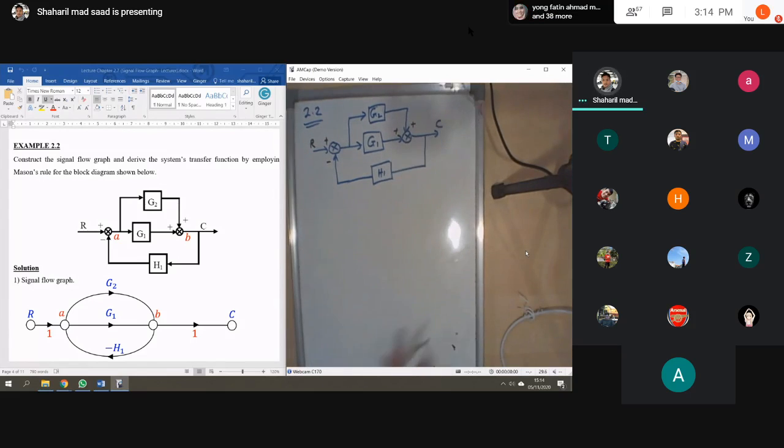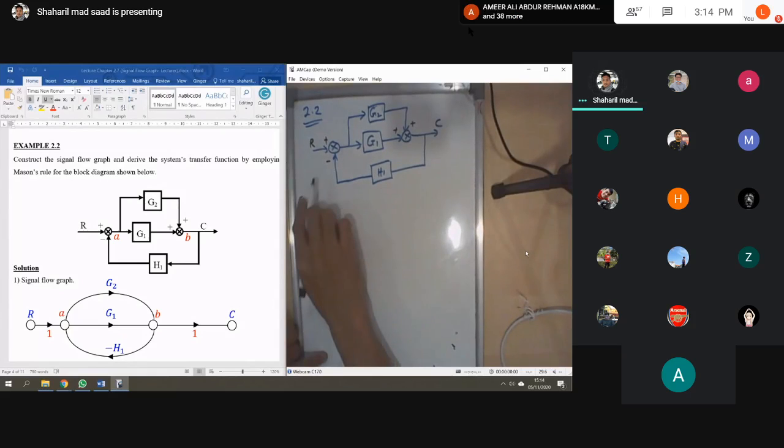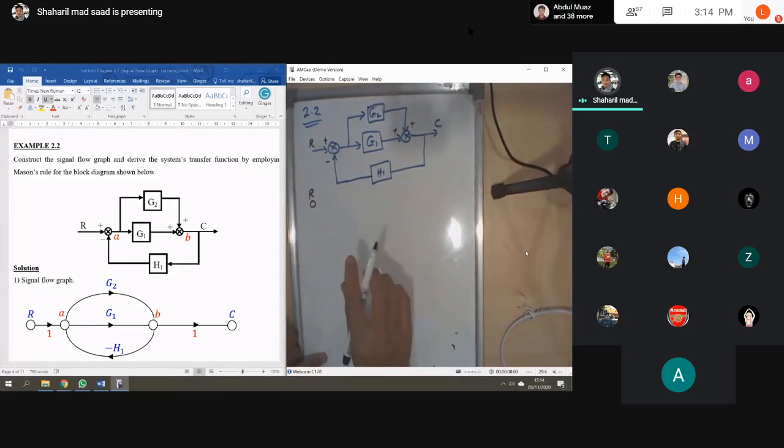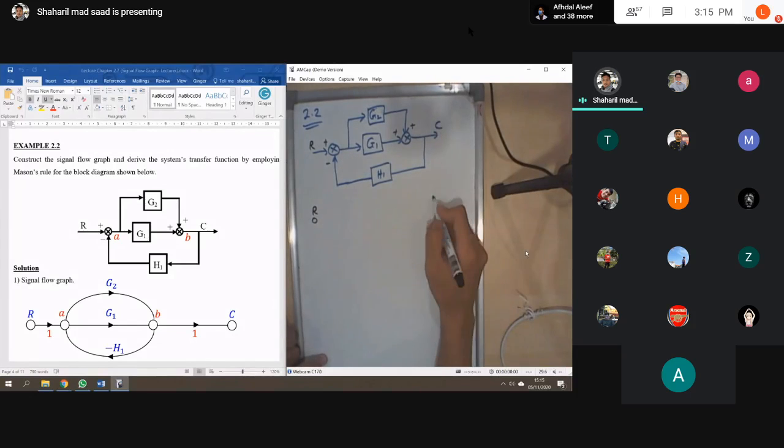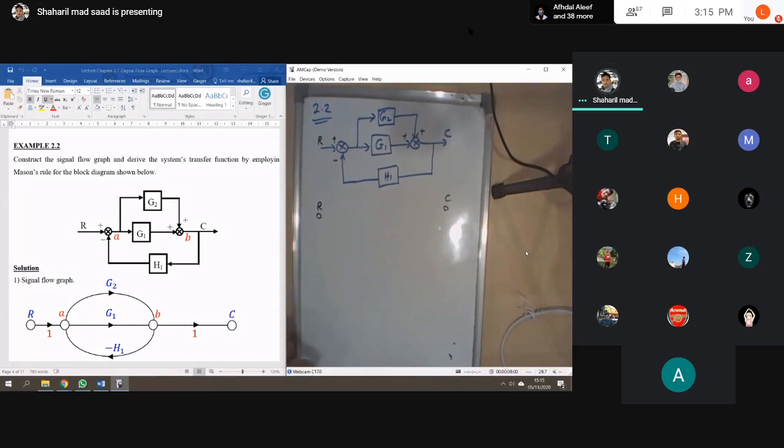Okay, done. So first draw the signal flow graph. What you need to do is R, this one, and this one is C.